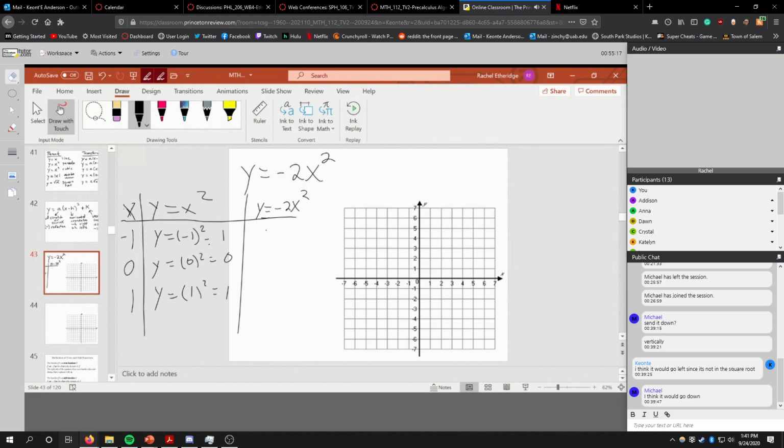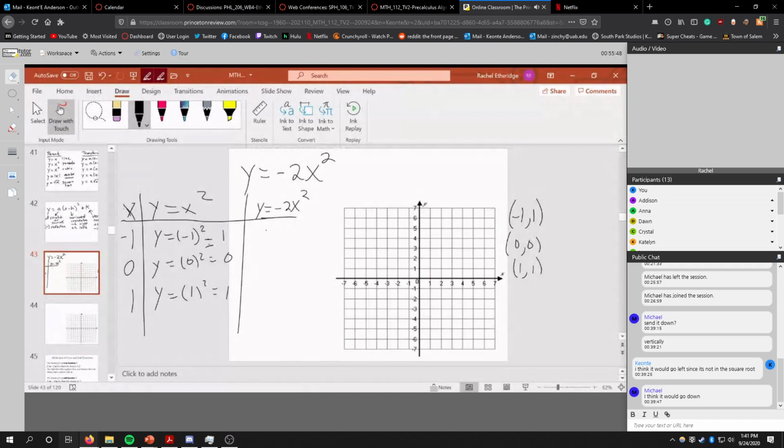So when you have an x squared function, you're going to have -1, 1, 0, 0, 1, 1. So that's your ordered pairs. So I'm just going to list them over here. So if I wanted to draw my parent graph, that's what I would draw first.